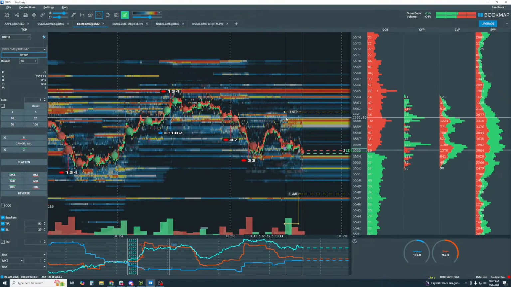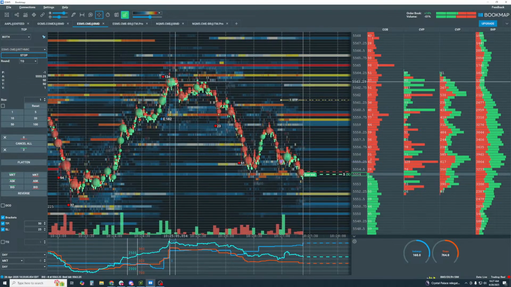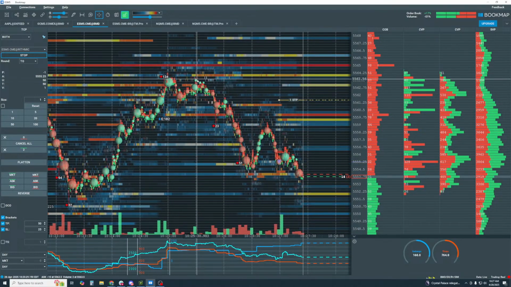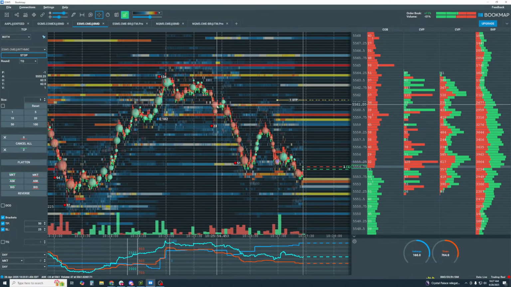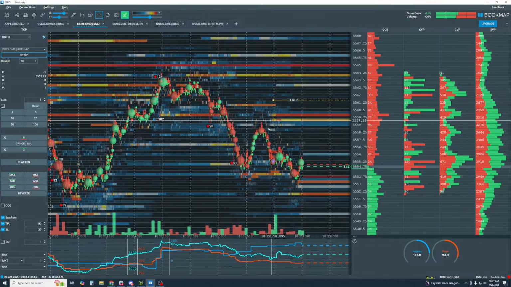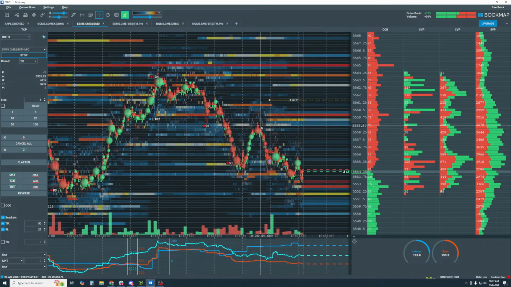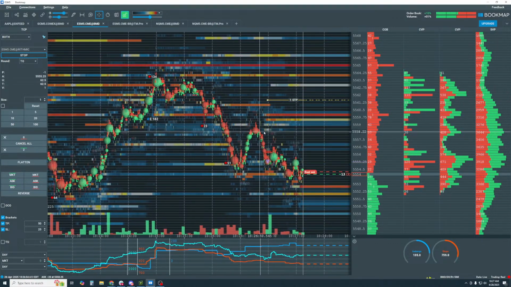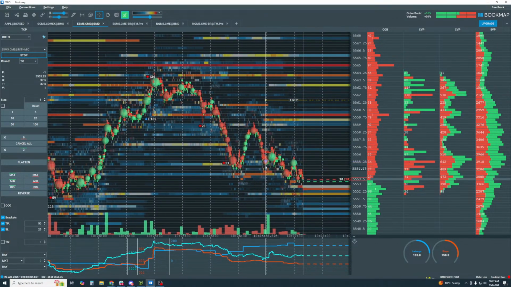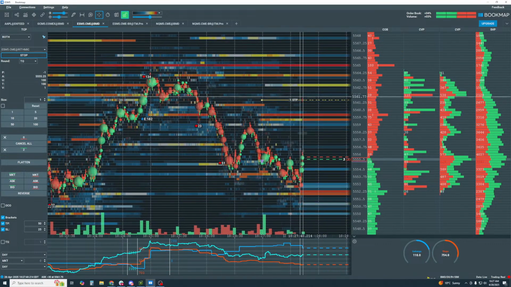Okay, so anyway, we did have the setup we were kind of looking for here, right? We had our absorption, followed by some exhaustion in here, and our sellers came in, and we wanted to get in on that. We had another pullback here though, and this is another setup. It's a good one, and we missed that just because I'm fumbling around trying to get into the trade here.